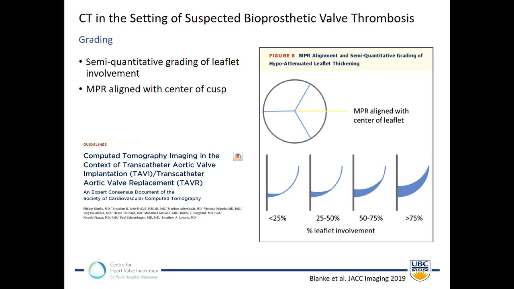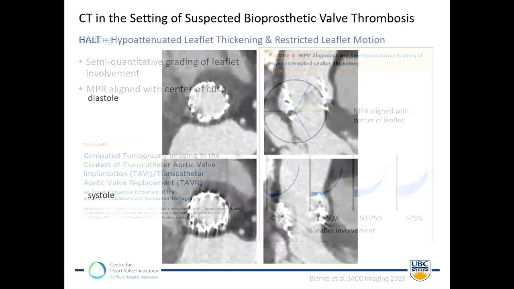Important is to apply this to the center of the leaflet. Often, if there's thickening, it is really symmetric, usually starting from the very base. You won't find thickening more pronounced on one side or the other. That's highly unusual. For that reason, keep in mind how you align the MPR and that you're really focusing in a perpendicular fashion at the center of the leaflet.